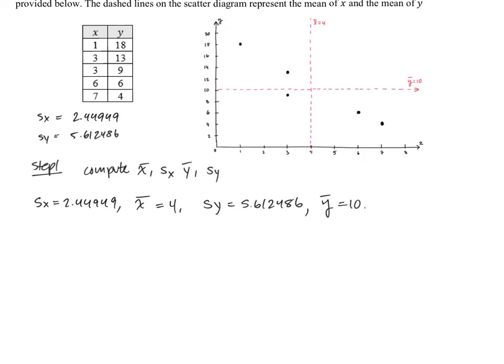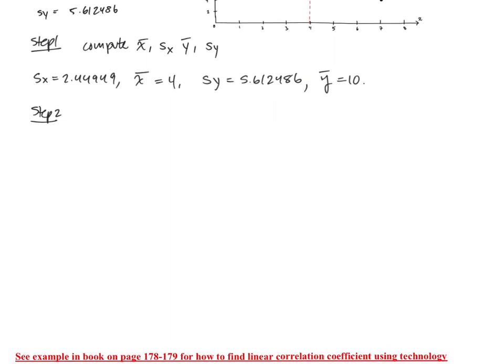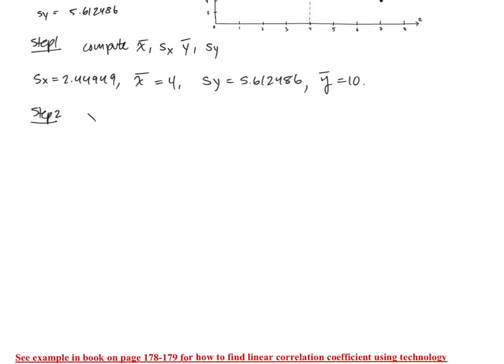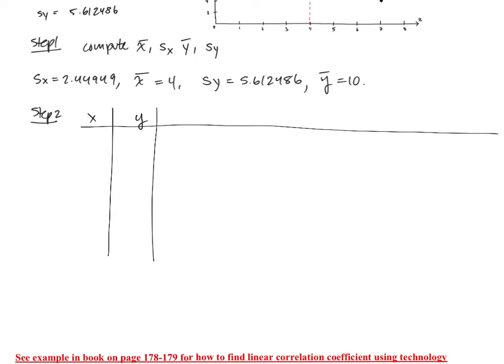Now, next step. We're going to go ahead and set up a chart like we do for other examples. So we have our x and our y values. And then we're going to compute x sub i minus x bar all over s of x, y sub i minus y bar all over s sub y.